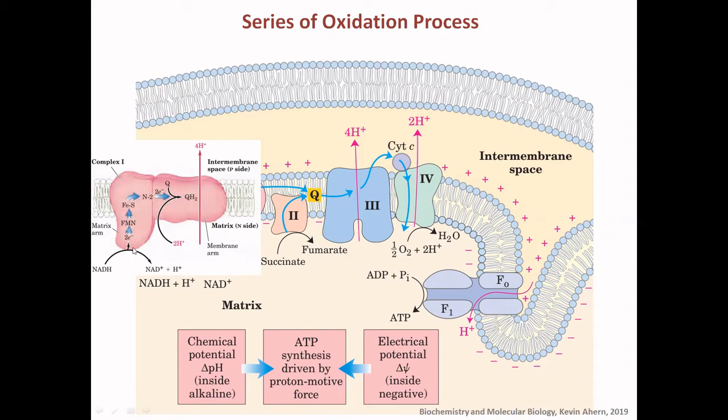So these two electrons travel through the prosthetic group and a series of iron sulfur molecules through a process of oxidation reduction, and finally it reduces the quinone into the quinol. Okay, and it utilizes two proton molecules from the matrix of the mitochondria.